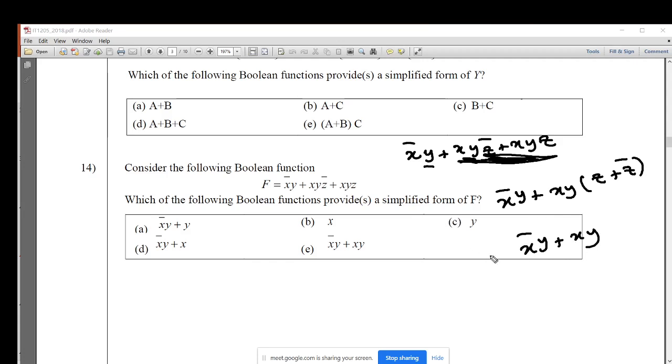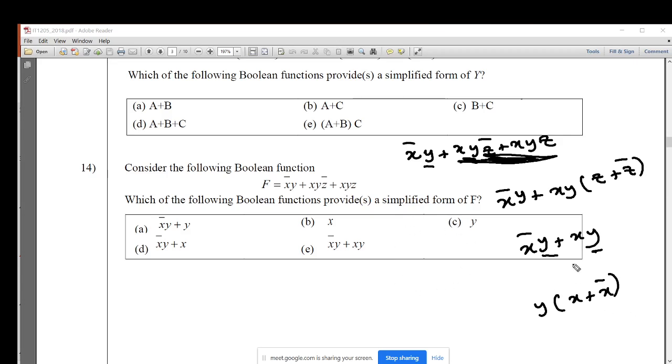Now I can take y out. If you want, you can write it like y x bar plus y x, because ab is the same as ba. I will take y out. That is x plus x bar, or x bar plus x. And x plus x bar, we know a plus a bar is a union not a, and that is the entire thing.